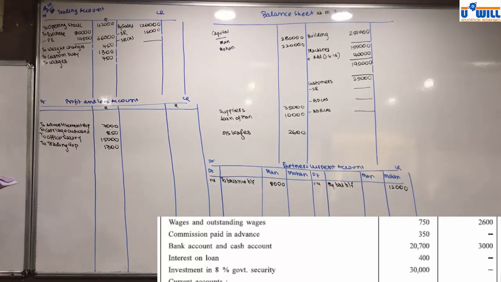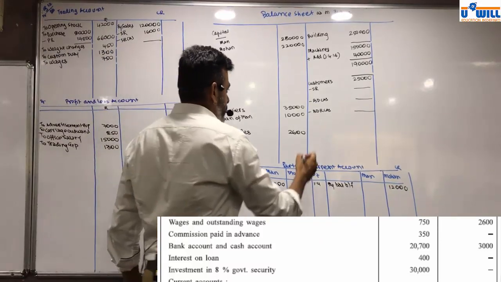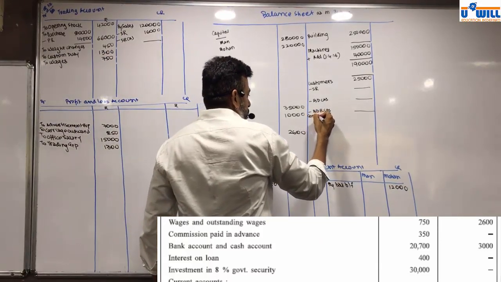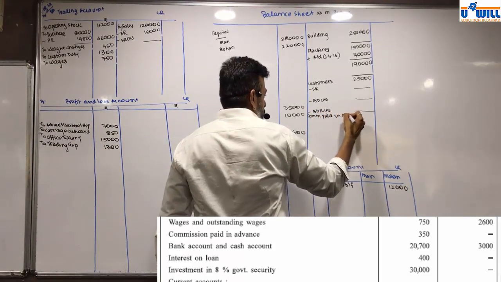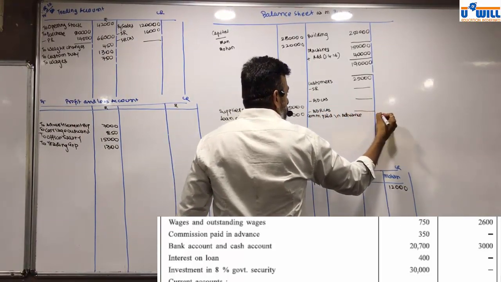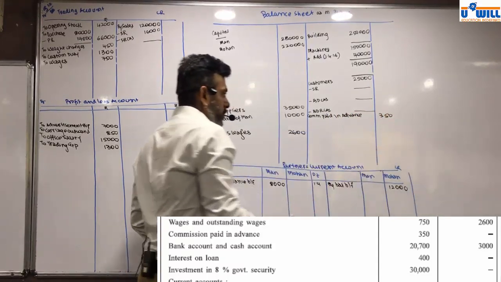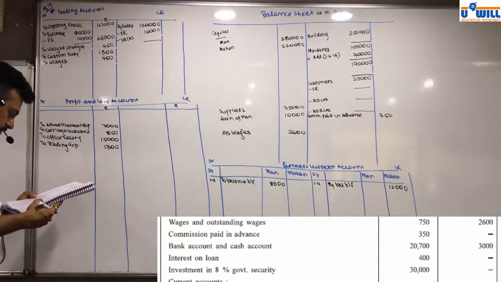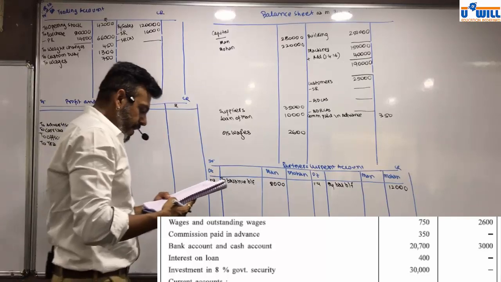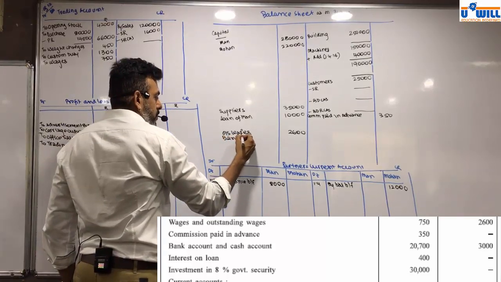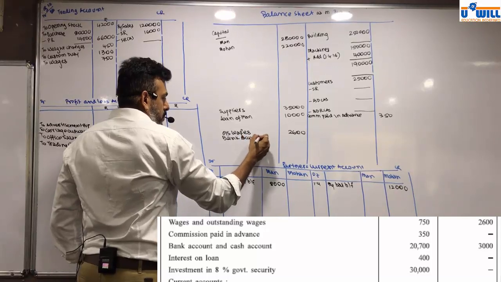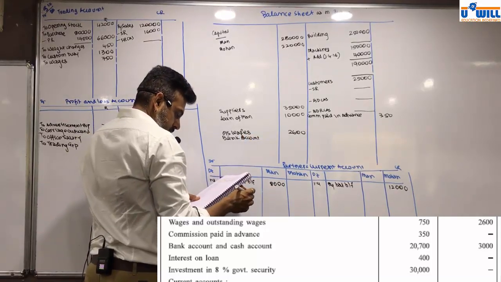Commission paid in advance 350. Bank account and cash account. Bank account inner column 3,000.